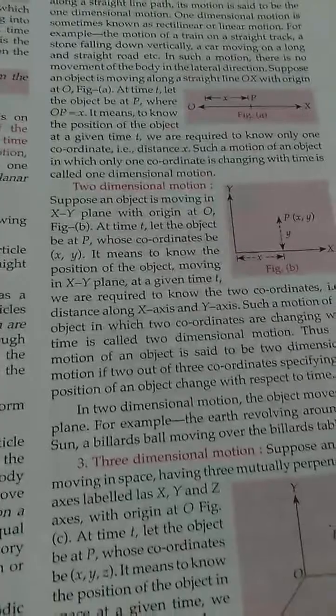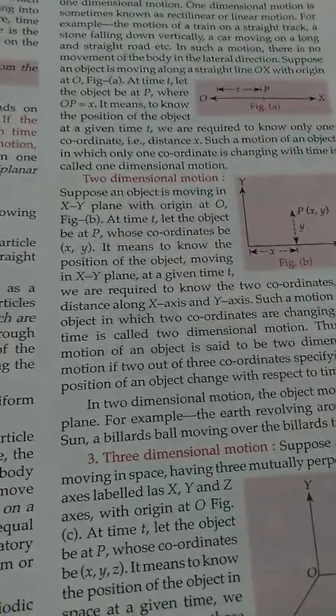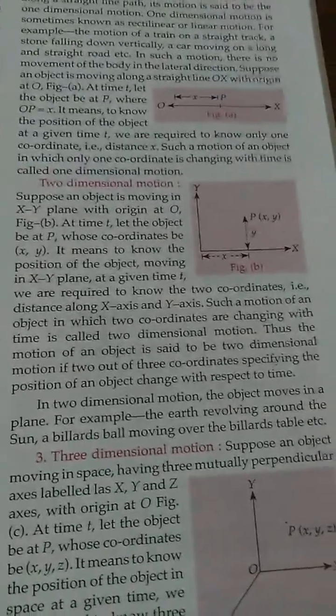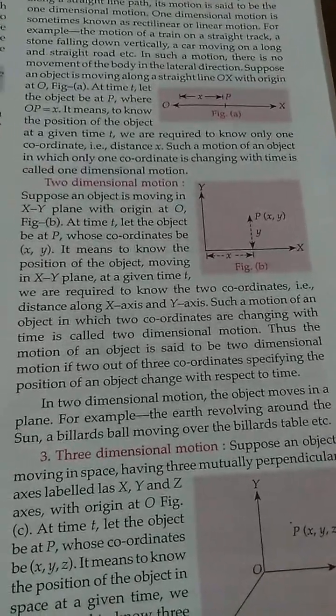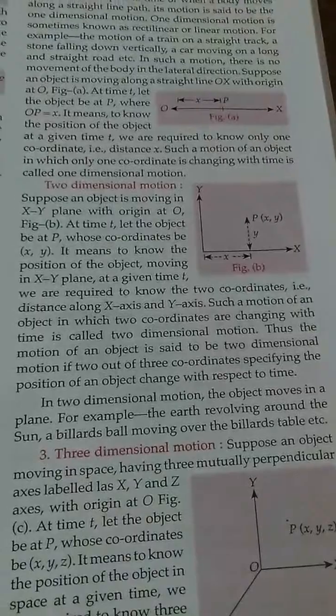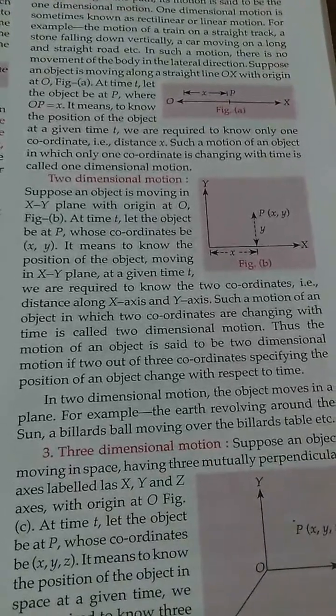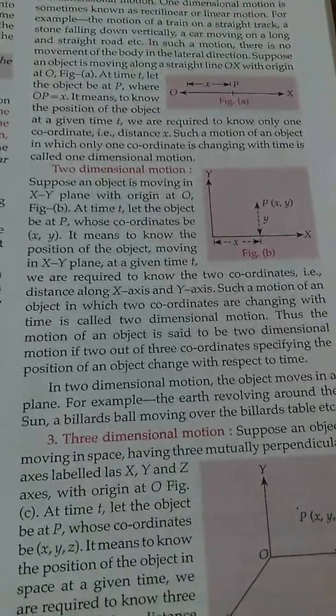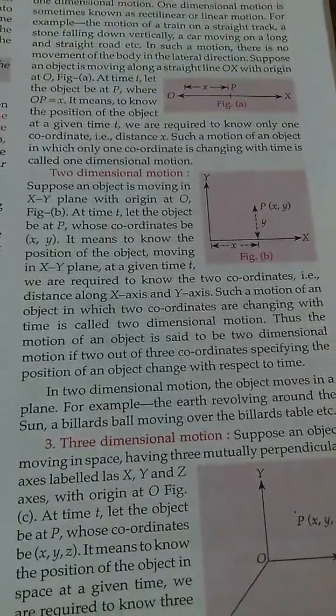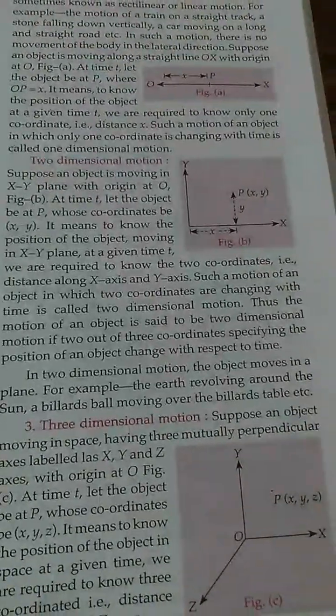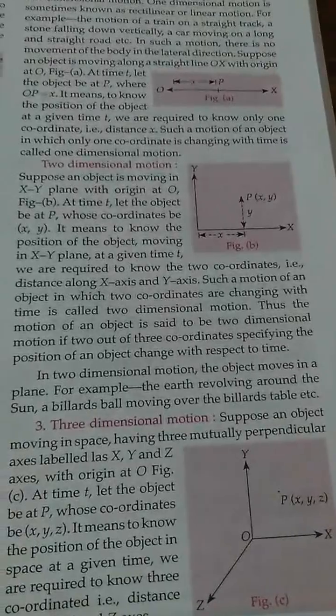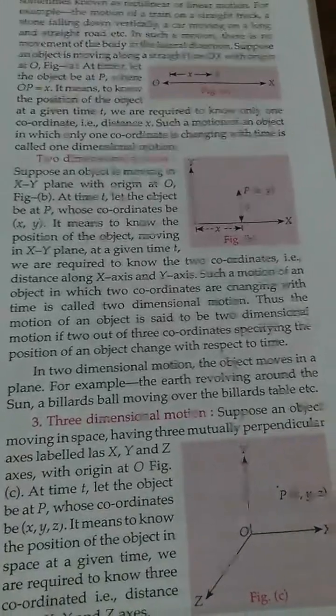Two-dimensional motion. Suppose an object is moving in the xy plane with origin at O, as we can see in figure B. At time t, let the object be at P, whose coordinates are x, y. To know the position of the object at a given time t, we are required to know two coordinates, that is distance along the x-axis and y-axis.